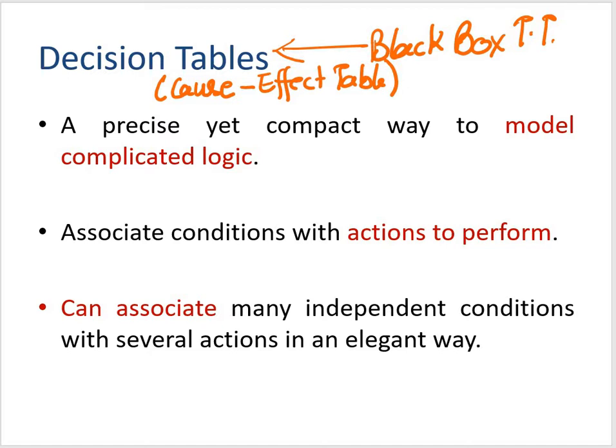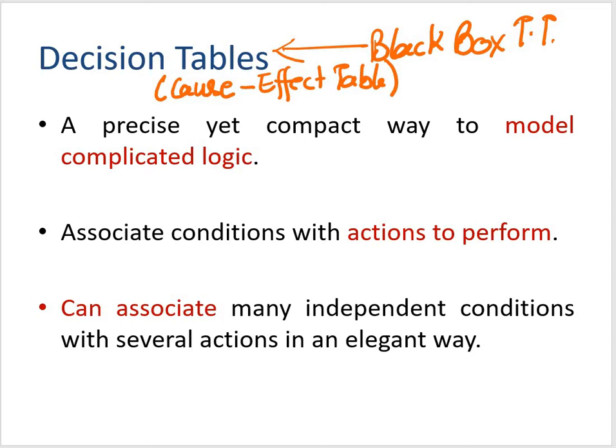To design the test cases by the decision table technique, we consider the conditions as input and actions as output. The picture will be much clearer with the examples which we are going to take.